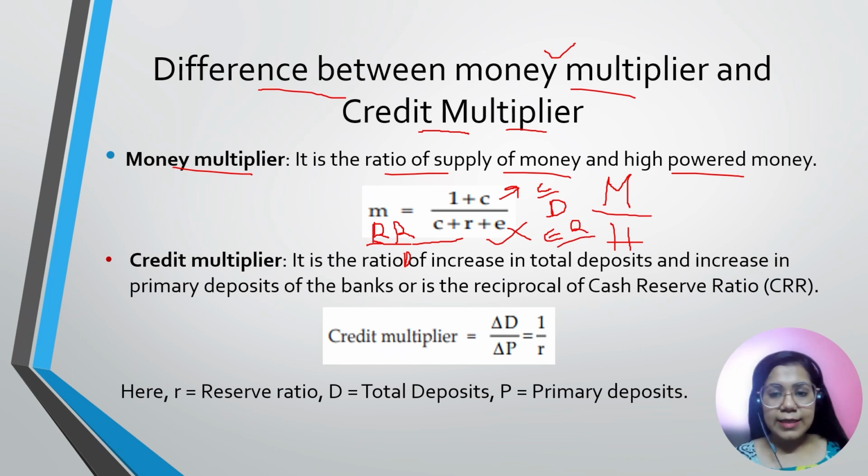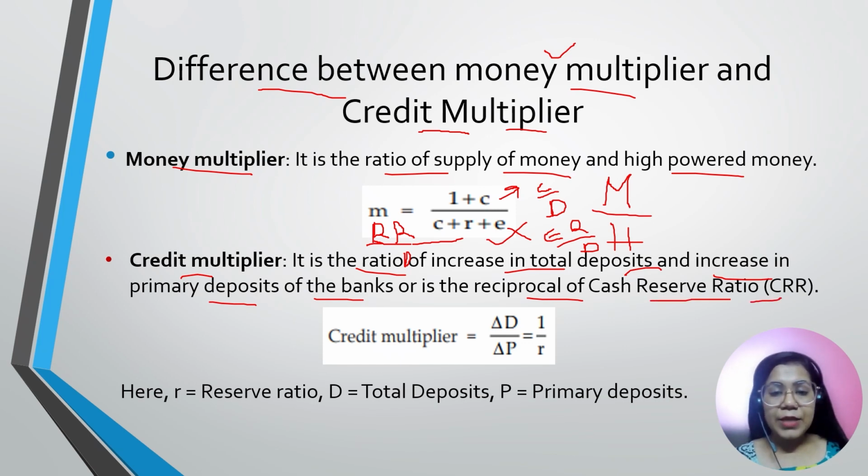Yes. Now, what is the credit multiplier? See, it is the ratio of increase in total deposits and increase in the primary deposits of the banks, or it is also the reciprocal of the cash reserve ratio CRR.